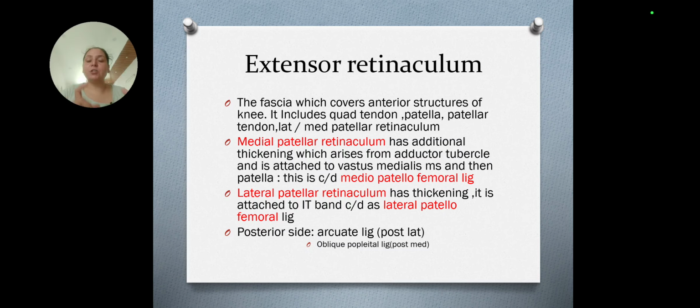We write this terminology so that it tells whether it is inside the capsule or outside the capsule. Fine. So it tells you the depth at which the ligament is. There are 8 intracapsular or capsular ligaments: 3 on the medial side, 3 on the lateral side and 2 on the posterior side.